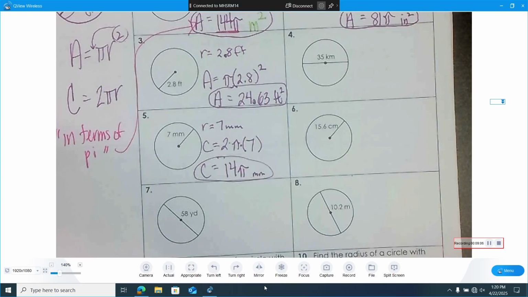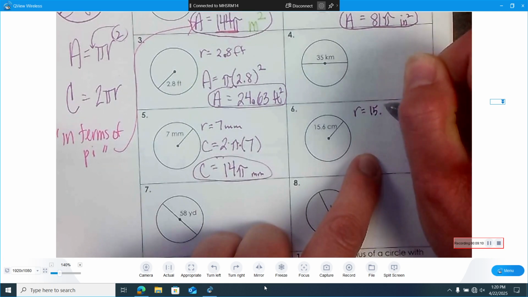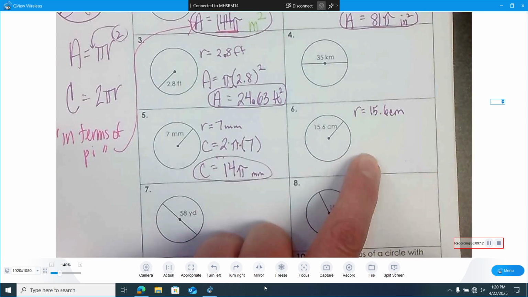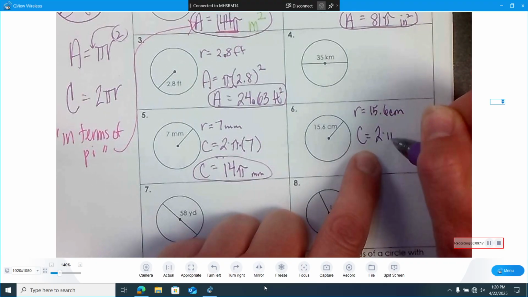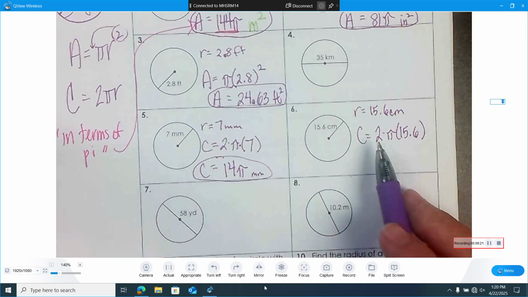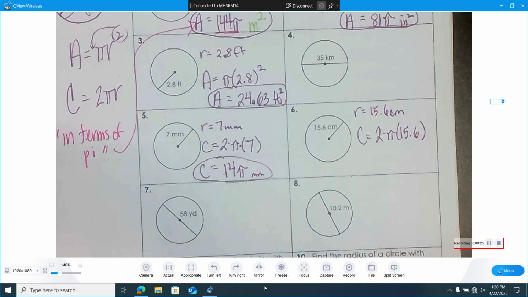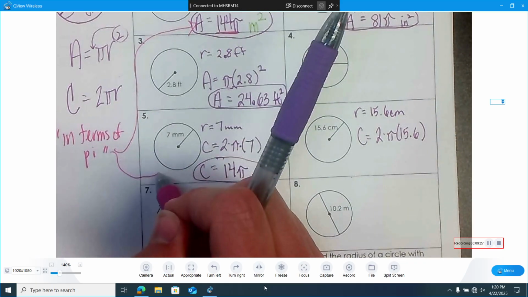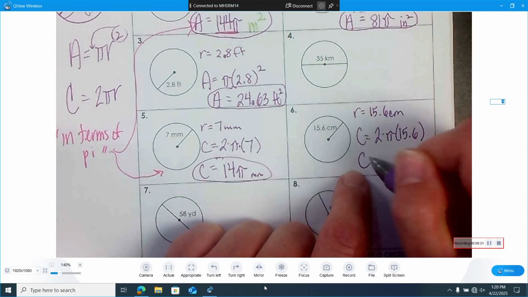Nothing fancy there. Number 6, we have a radius equal to 15.6 centimeters. Again, I'm going to use 2 pi r. 2 times pi times my r. Now, should we leave our answer in terms of pi? No, decimal. Why decimal? Yeah, it started with a decimal.